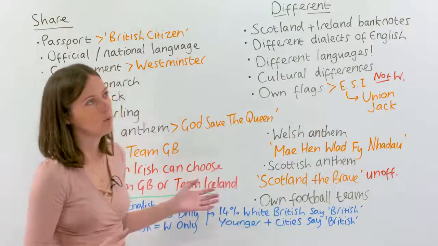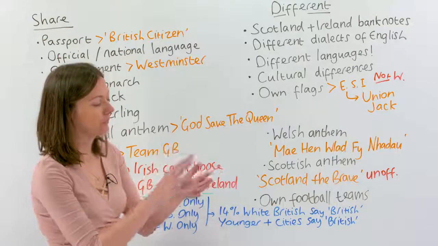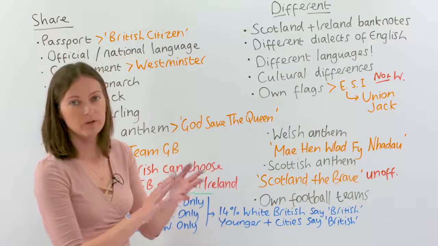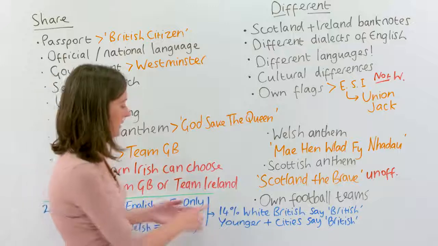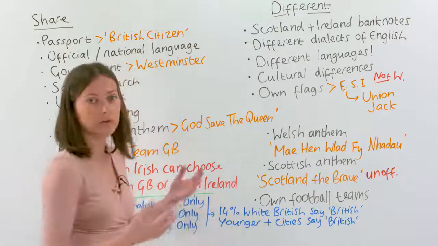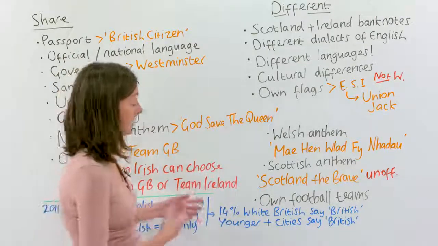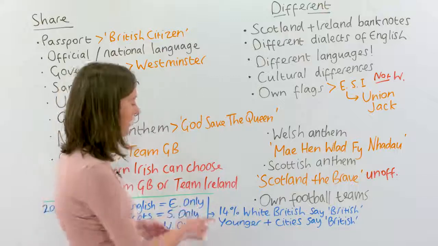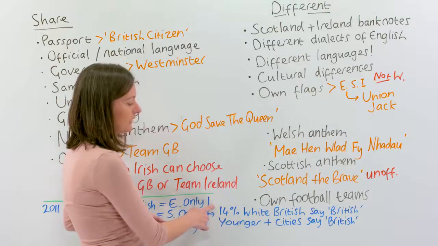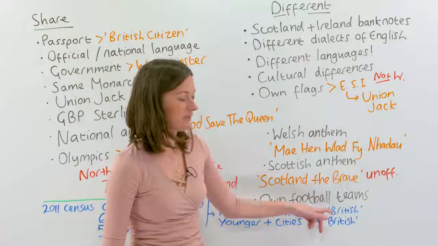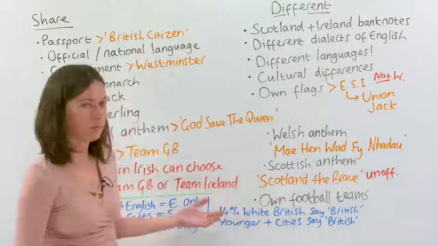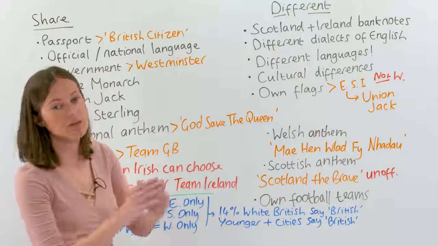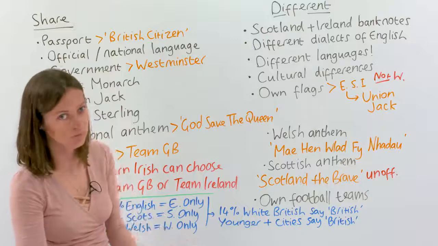Someone who lives in England, Scotland, Wales or Northern Ireland who looks white and has, as far as I know, haven't come from somewhere else, only 14% of those people would say that they're British. They would put their own English or Scottish or Welsh first.